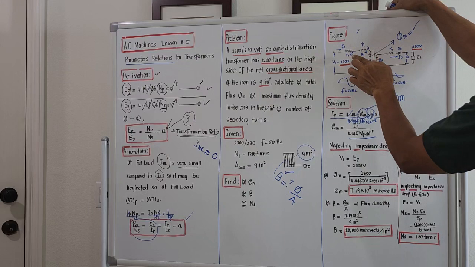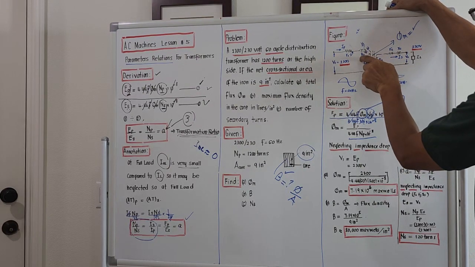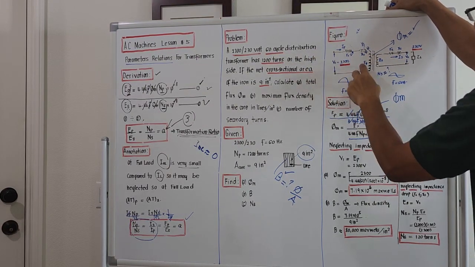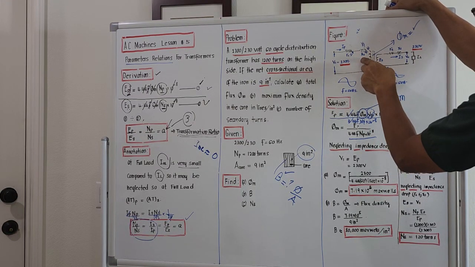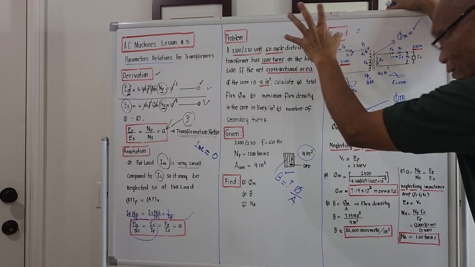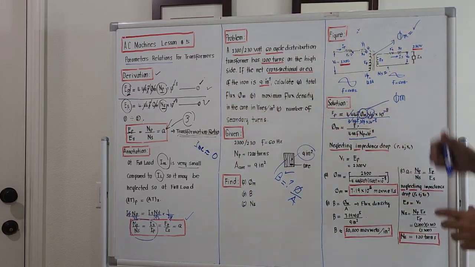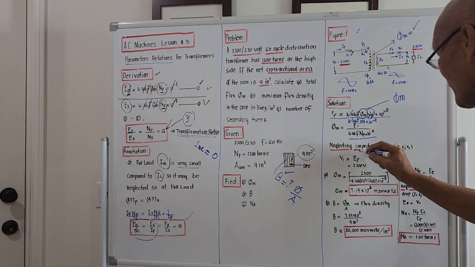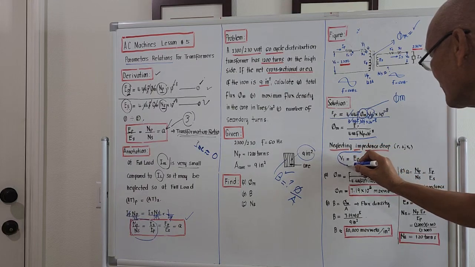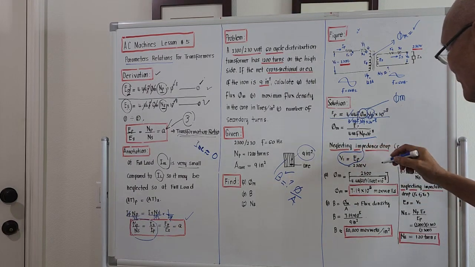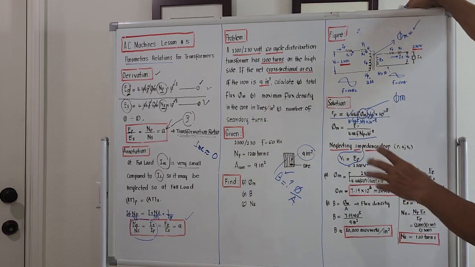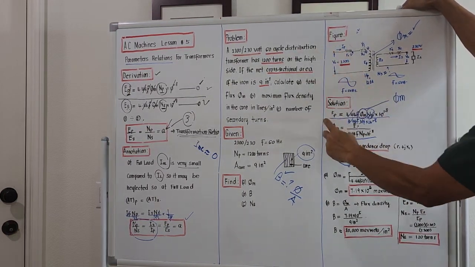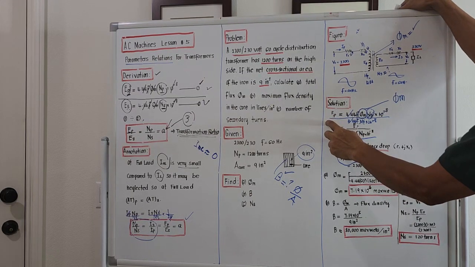Because if we include R1 and X1, this V1 will be different from EP. But if we put R1 equal to 0 and X1 equal to 0, for this problem only, we could say that the applied voltage is actually equal to EP, and that will be 2300.